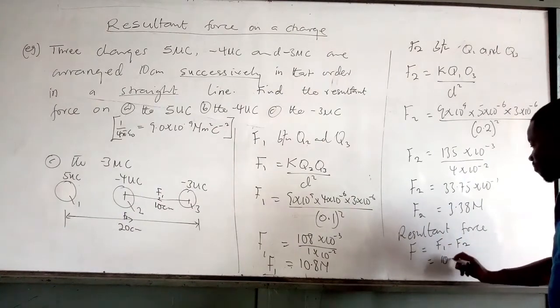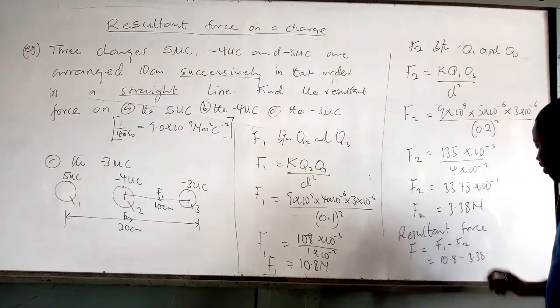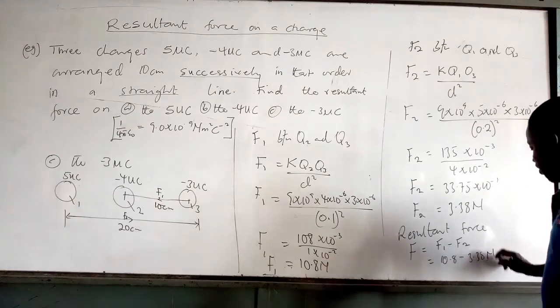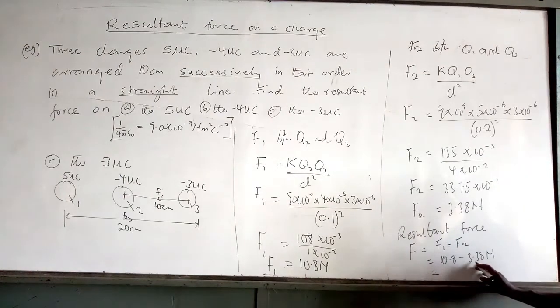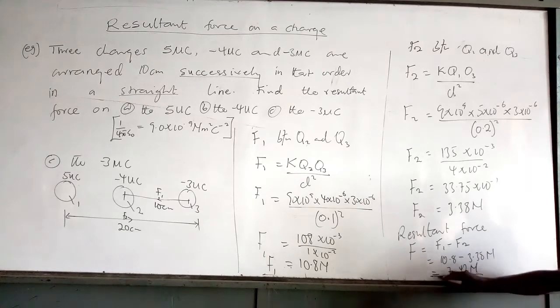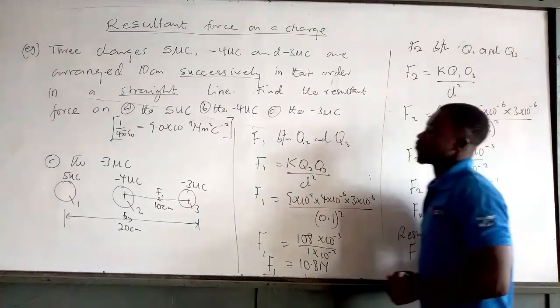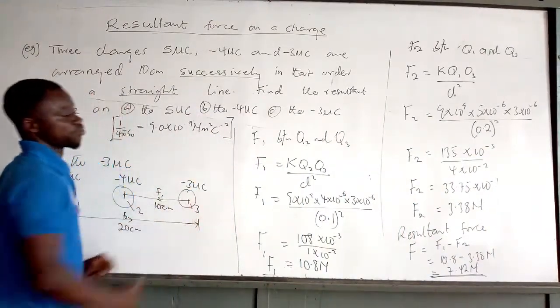And that will give me 10.8 minus 3.38 newtons. So when we subtract this one from this, that will give us 7.42 newtons. This is the resultant force due to these two charges on this one.